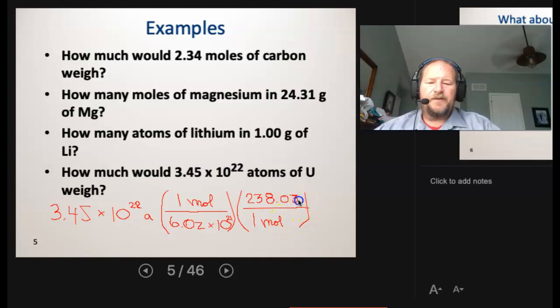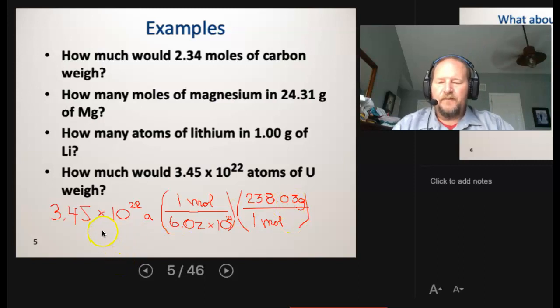And this, of course, will be in grams. All right. So again, pull out the calculator. We have 3.45 divided by 6.02 times 238.03.